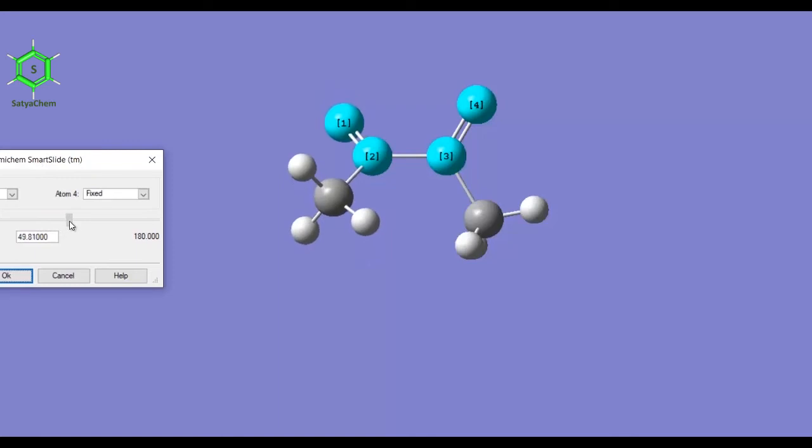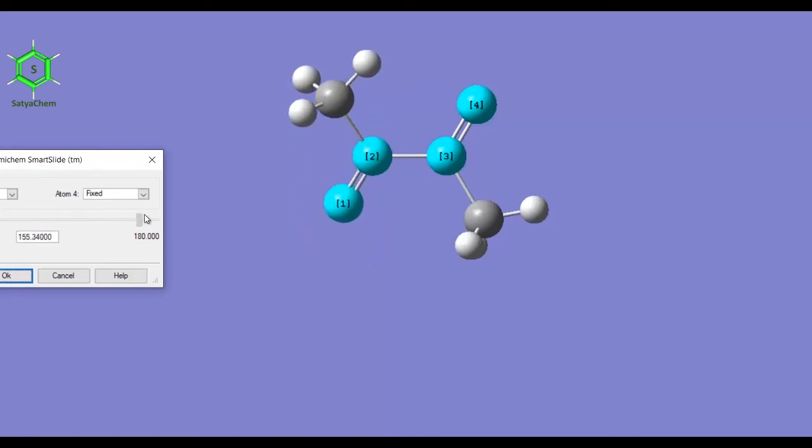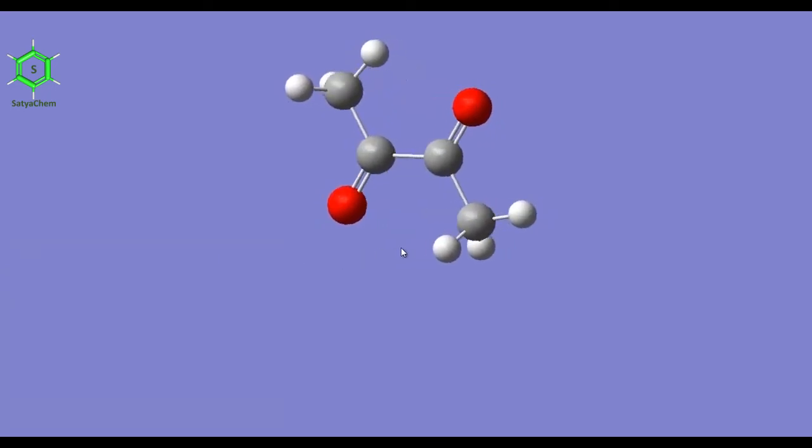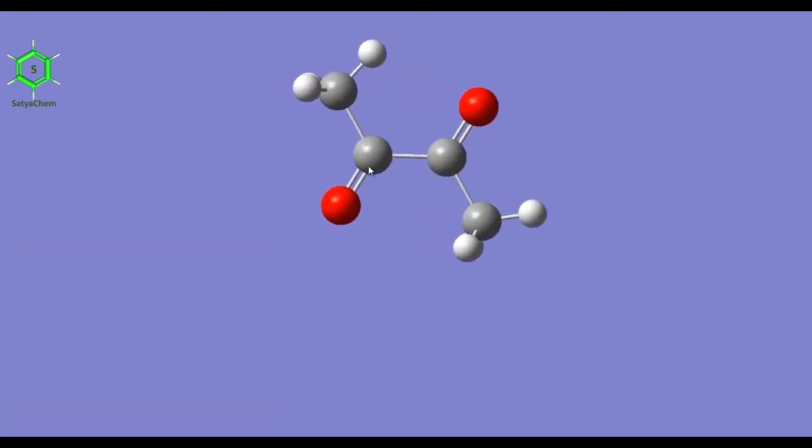Now 180 degree rotation is possible. See, now these two C=O groups are in anti-orientation. In anti-orientation, the two dipolar repulsions get cancelled out.